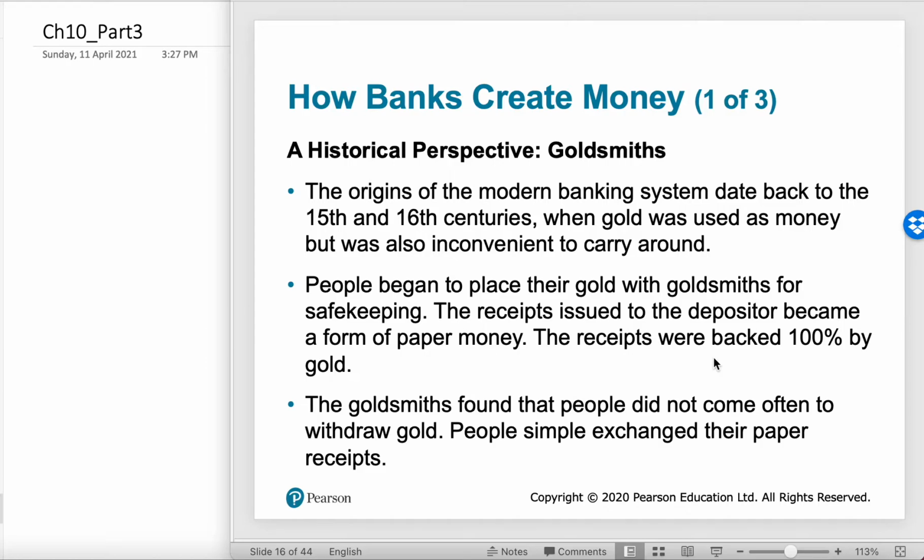To understand that, we should flash back a little to history and see where the story started. This is a historical perspective of the banking sector, or the fractional reserve system.